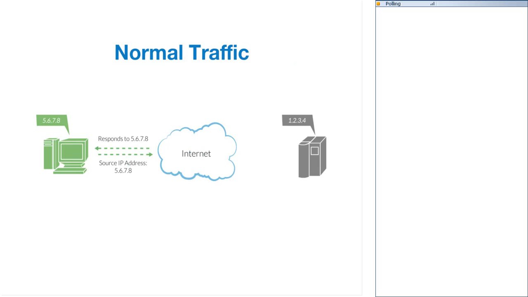So when that question reaches one of the authoritative name servers for the domain in which the question is being asked of, that authoritative name server will respond to 5.6.7.8 with the correct answer to this host query. So over here on the right, we have host 1.2.3.4, who's minding his own business and is not being disturbed by any of this traffic that 5.6.7.8 is generating.